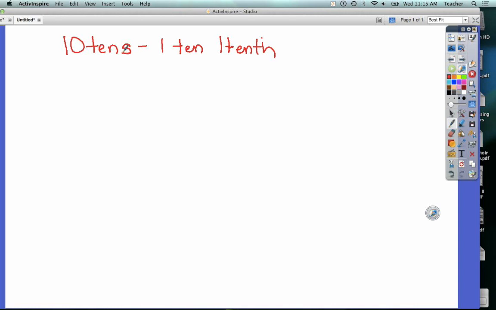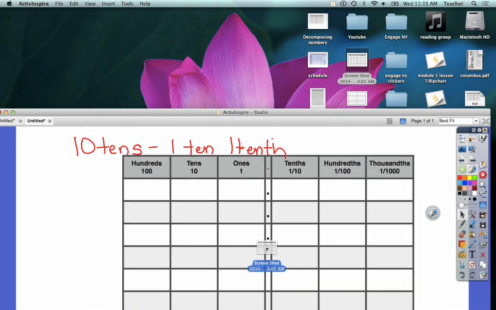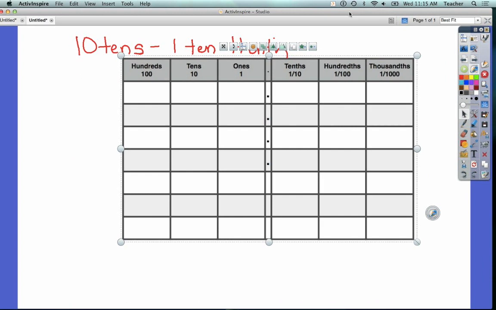What if I pull my place value chart into this again? How many tens do I have? How many tens does it say I have right here? Oh, 10. I have 10.